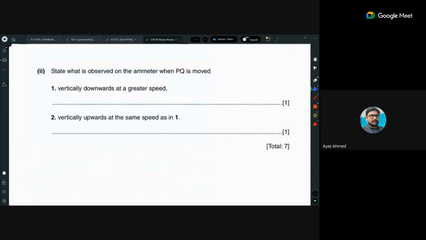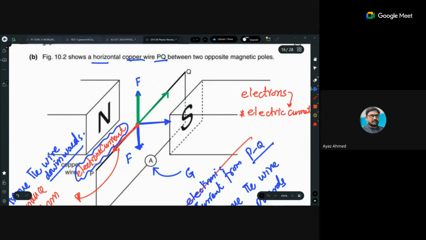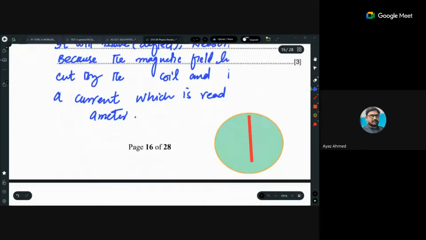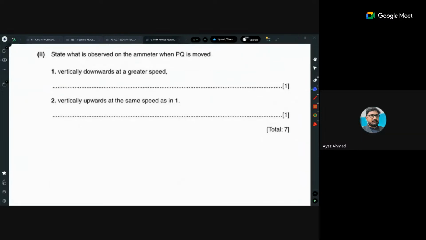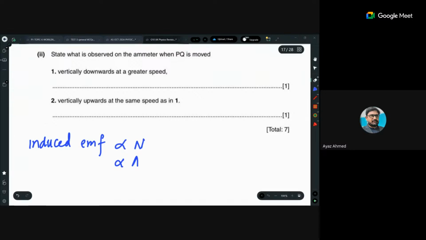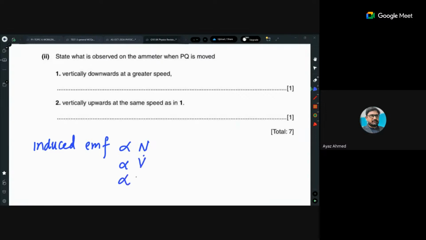When you move it vertically downward at the greater speed, the induced EMF is directly proportional to the number of turns, directly proportional to speed V, directly proportional to the area of the coil, and directly proportional to B.